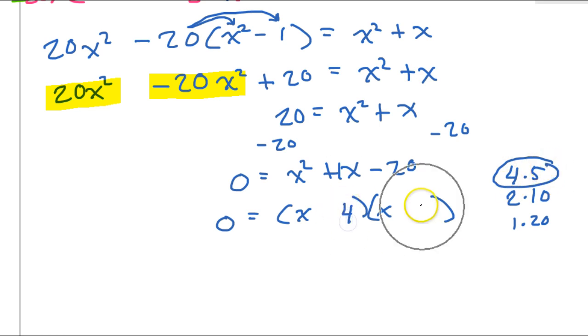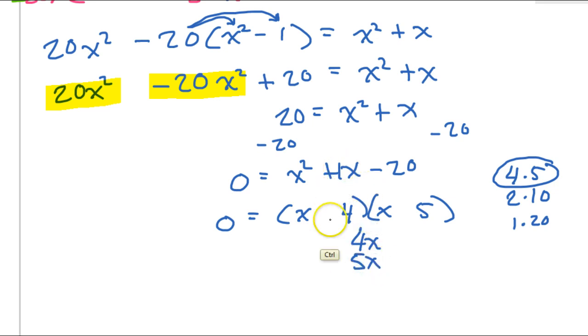So if I do 4 times 5, I know inner plus outer must equal middle. Inner, I have 4x. Outer, I have 5x. To get a middle of 1x, I need a -4 and a +5. That would make 1. So there's my -4 and there's my +5. I need to check one last thing. Do I get -20? Well, -4 times +5 is -20. So this is the correct factorization.